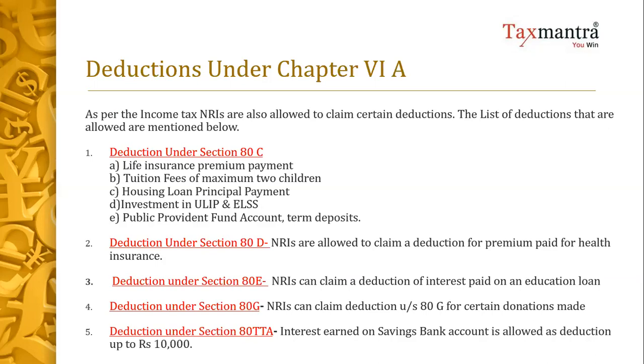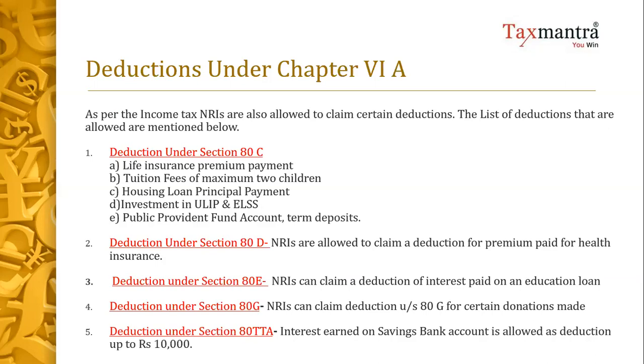Deduction under section 80TTA. This is basically the interest which you earn on a savings bank account, allowed as deduction up to rupees 10,000. Over here, savings bank account means the NRO account, and if you have any account that is still not converted into NRO and is still lying as a savings bank account, you can get the benefit of that deduction, but it is restricted only up to rupees 10,000.